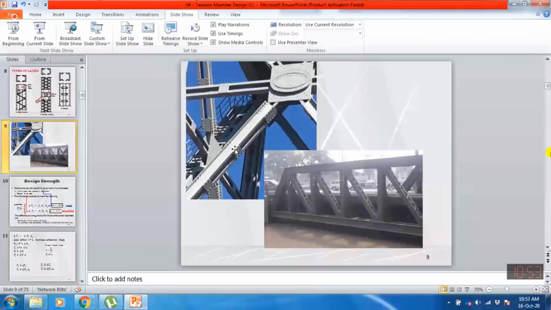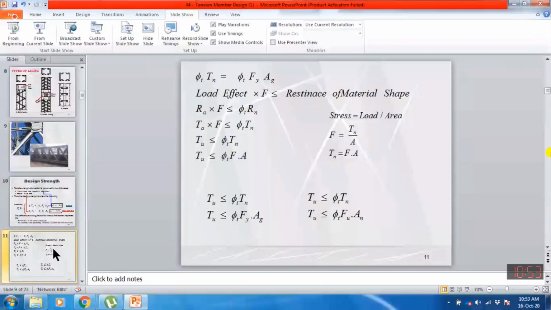At this section, only two channel sections are available. That's why we are ignoring the lacing and other connecting elements which connect two sections to make a built-up section. So this is the gross area.